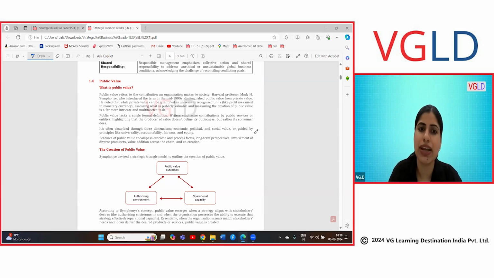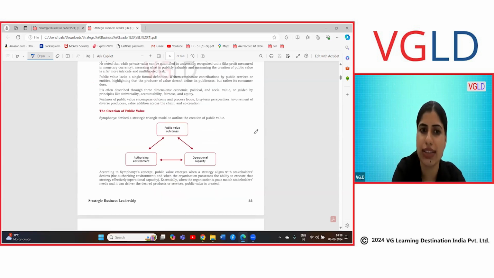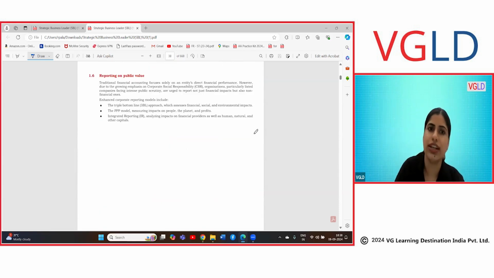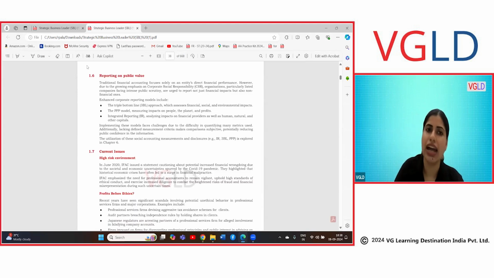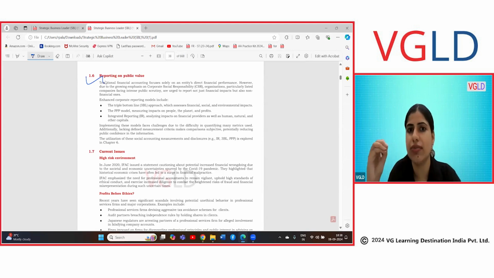So we need to make sure that we are doing something valuable for our society and general public. For that purpose, we need to give proper reporting, and for proper reporting, we need to focus on corporate social responsibility. This is a very common term. What is the meaning of corporate social responsibility?